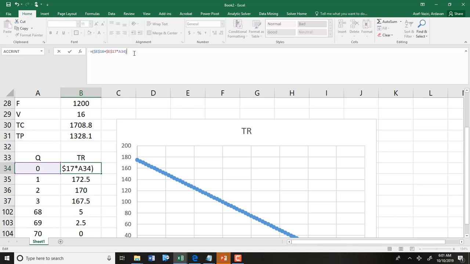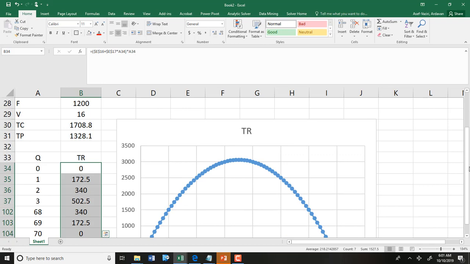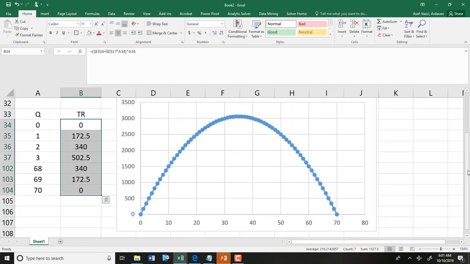Revenue is price multiplied by quantity. Enter, copy it down. So this is the relationship between quantity and total revenue. At quantity of 0, total revenue is 0, it goes up and then comes down. Your microeconomics professors have explained it to you in your lower division course.